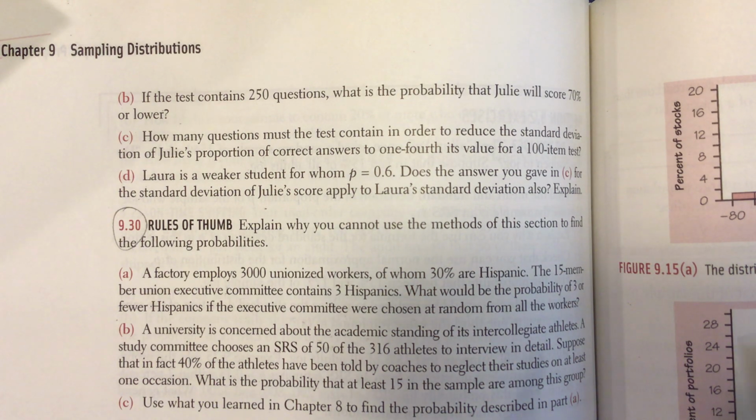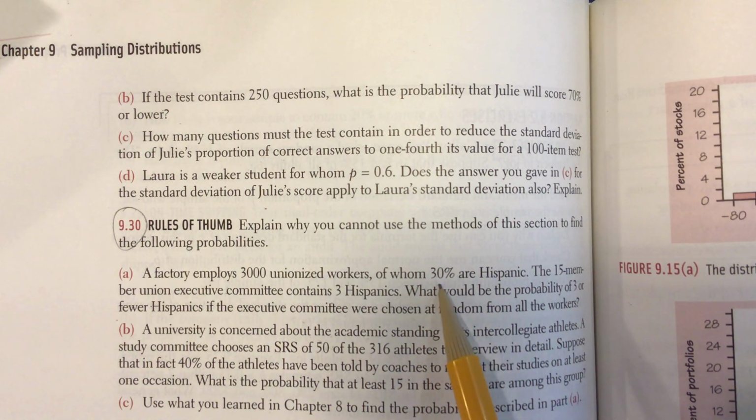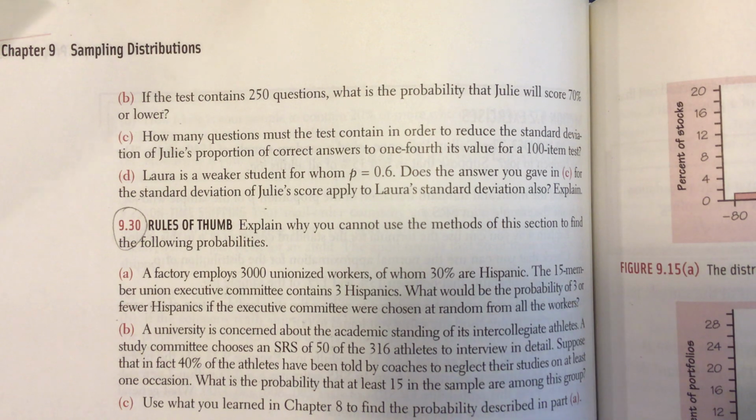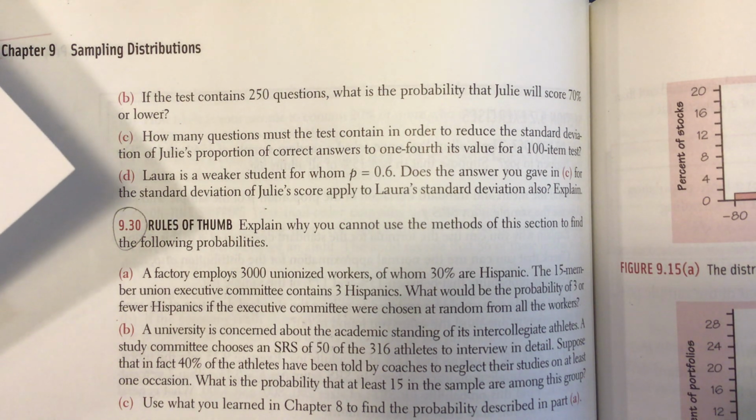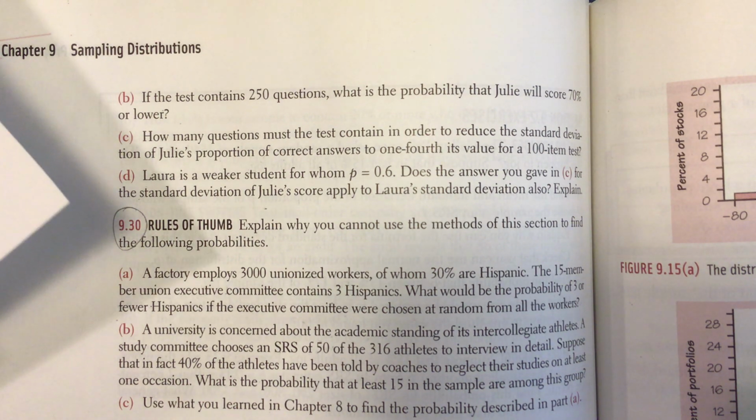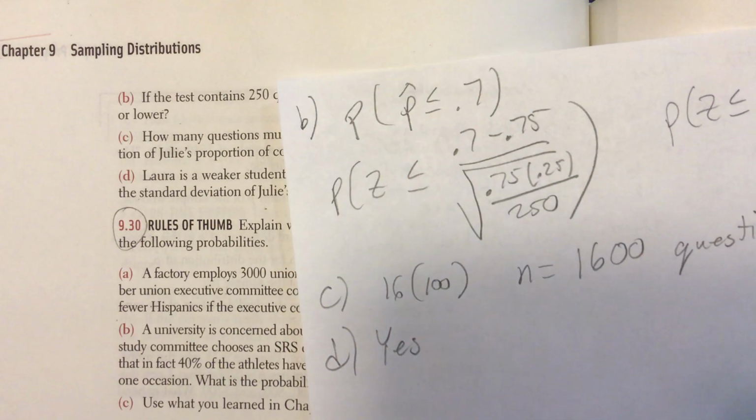Okay, so here's the problem. 30% of 15 is not a large enough number. Okay. Remember, we have to have at least 10 expected successes and at least 10 expected failures. 30% of 15 is not 10. It's 4.5. So we fail that requirement.